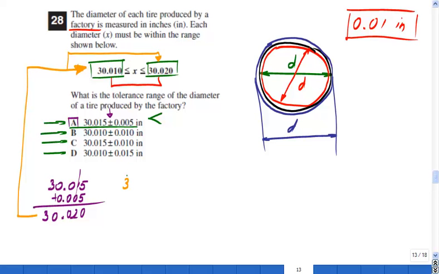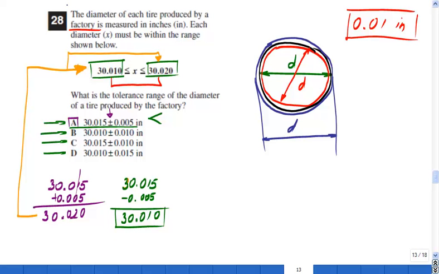Next thing I have to check is if I'm subtracting, because you see you have first plus and then you have minus 0.005. And if I'm taking 0.005 away from that, I'm getting 30.010.